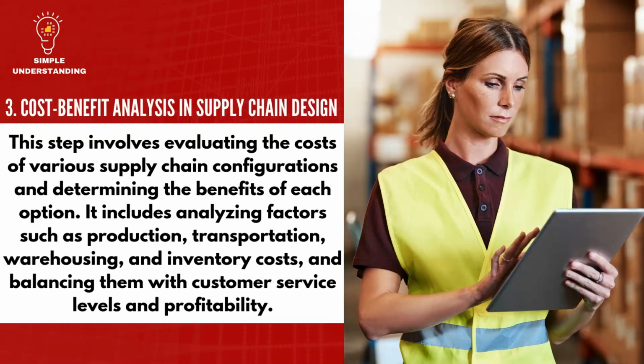3. Cost-benefit analysis in supply chain design. Explanation. This step involves evaluating the costs of various supply chain configurations and determining the benefits of each option. It includes analyzing factors such as production, transportation, warehousing, and inventory costs, and balancing them with customer service levels and profitability.